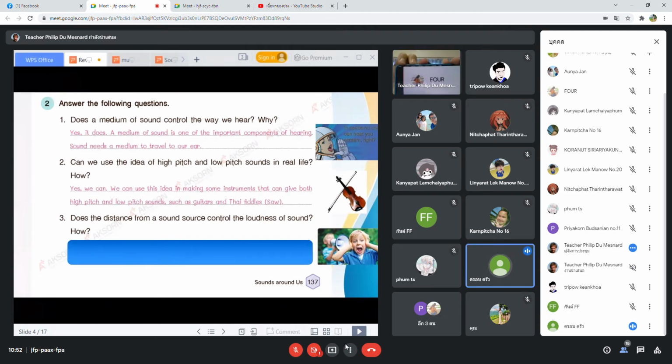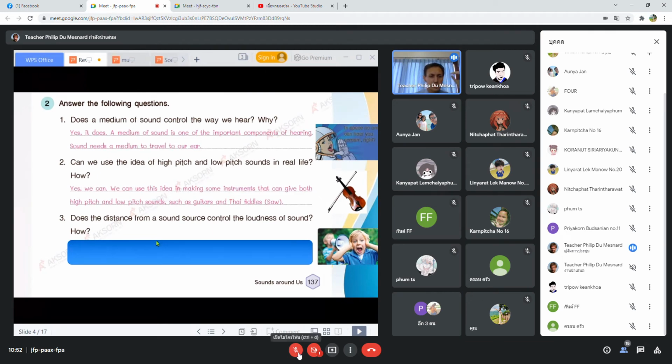Four. Also 4. Okay, so I have 2 4. Okay, good. Okay, let's see who else. Number 11, thank you for writing English name. You are okay. Is there someone else? Let's see. Number 16 is okay. Yeah, I think that's all of the students. Okay, good. Okay, we can continue.